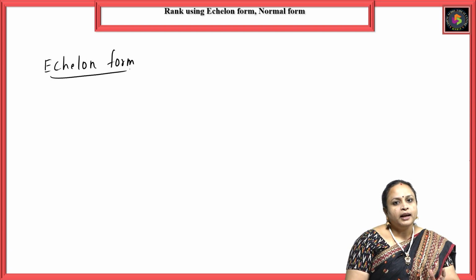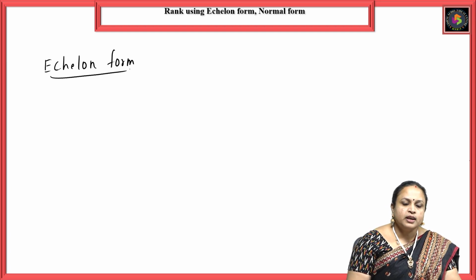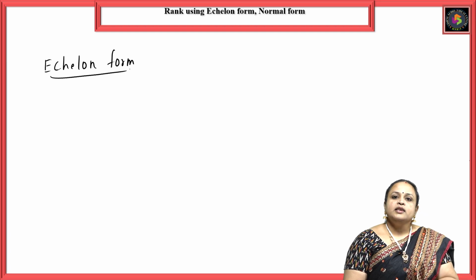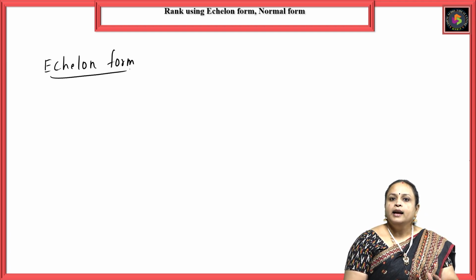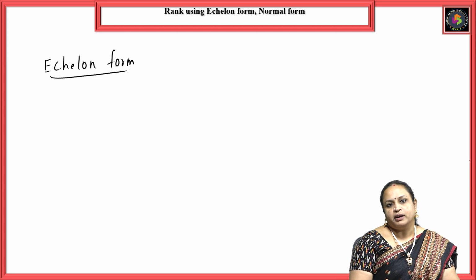In order to bring any matrix into echelon form, the first condition is that zero rows, if any, should be placed at the end, at the bottom of the matrix.